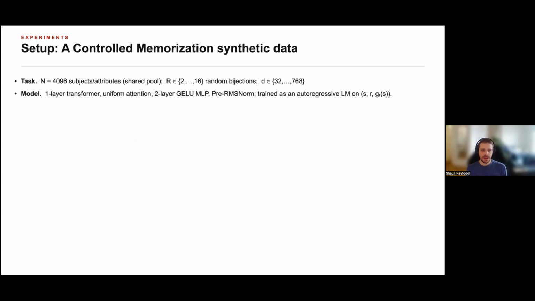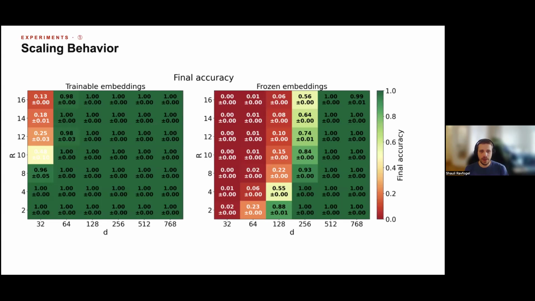We're going to train at first a single layer transformer with uniform attention and a standard MLP. Okay, so first we find this. Here we see on the x-axis of each of the two figures the dimensionality of the model, and on the y-axis the number of relations that we trained with.